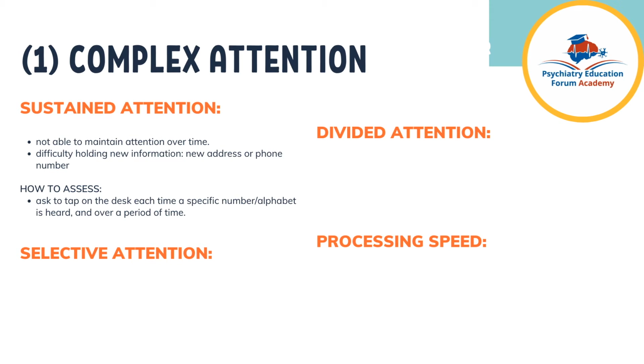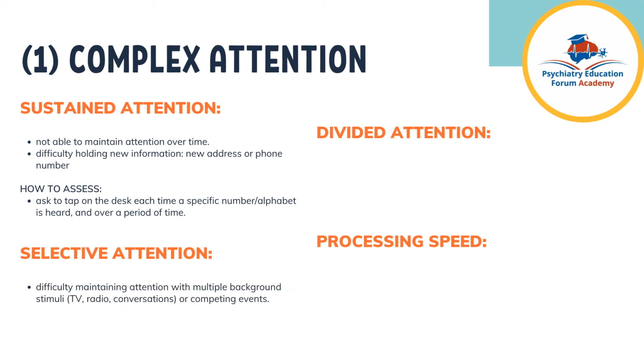Now, going to selective attention. So we already know what sustained attention is, but what is selective attention? Selective attention is the process of only attending to the relevant or important information and ignoring the non-relevant information. So this is very, very important. What clinical information will you see? How can a patient present with issues with selective attention?